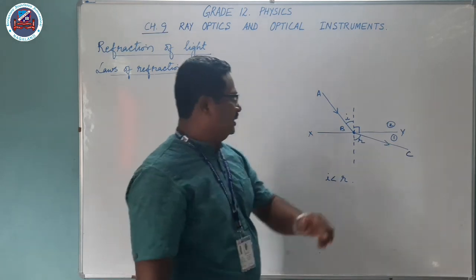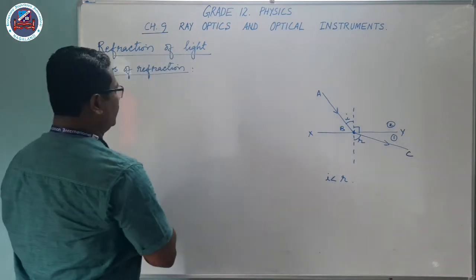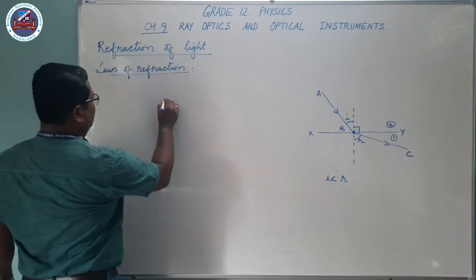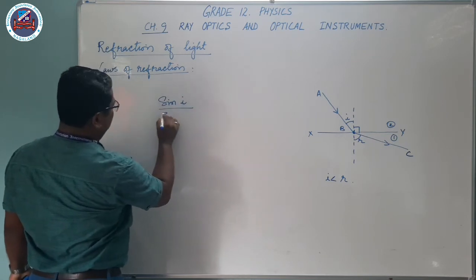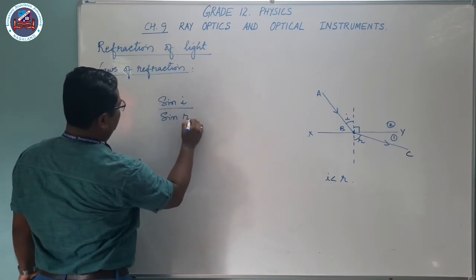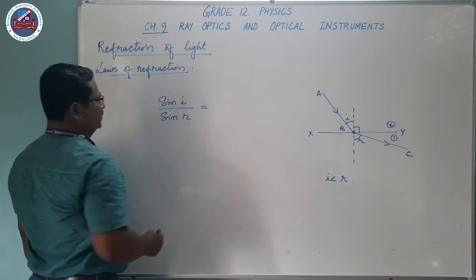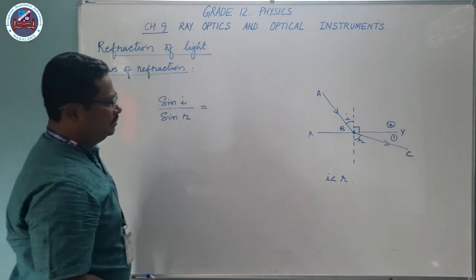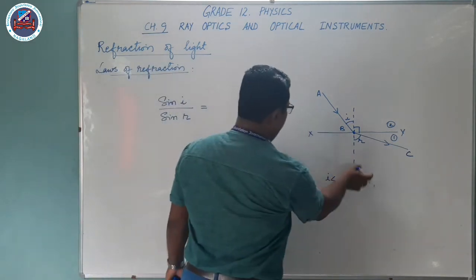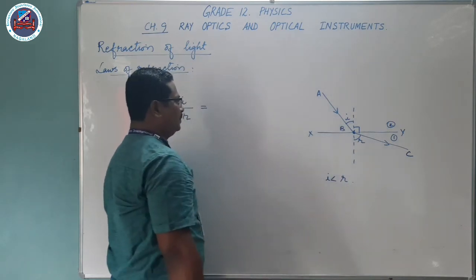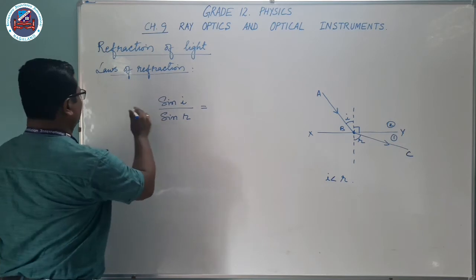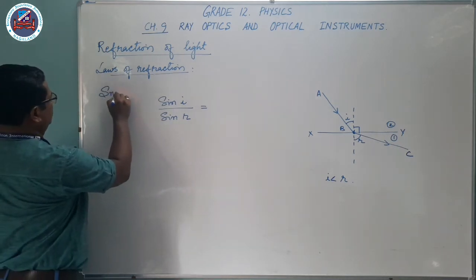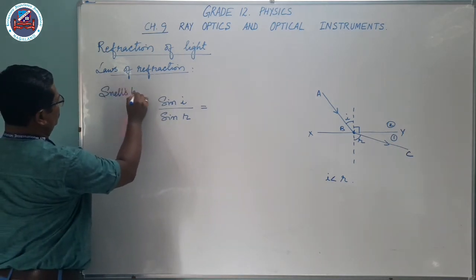The second law says: the ratio of the sine of the angle of incidence to the sine of the angle of refraction is always constant for a particular pair of media. This we call the second law of refraction, or Snell's law.